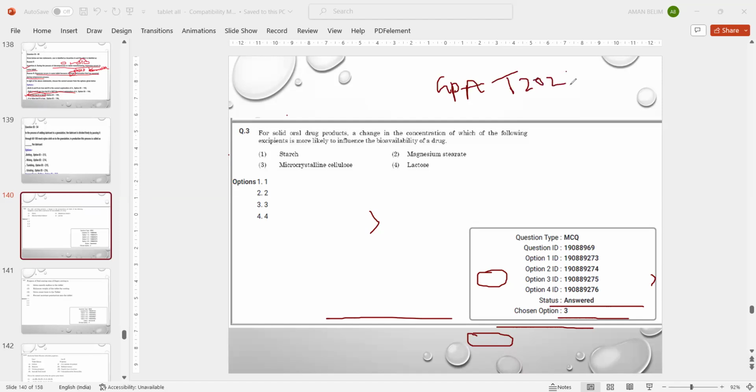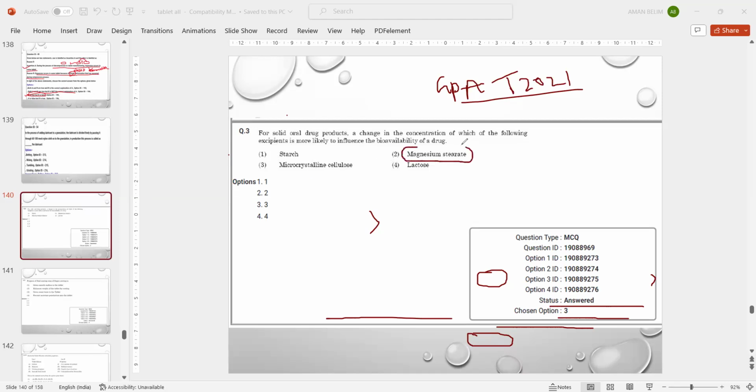What will be the answer? Vivek, yes, you are right.